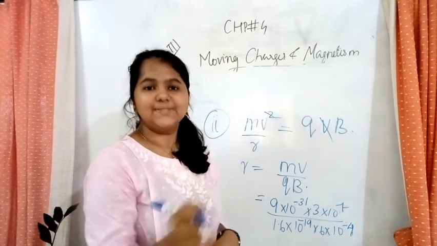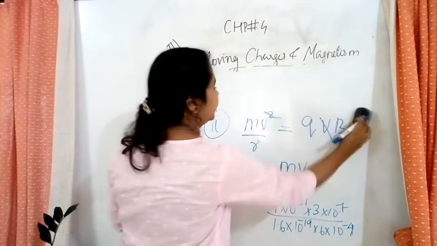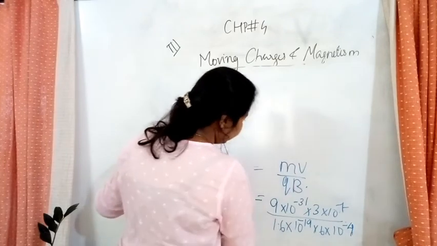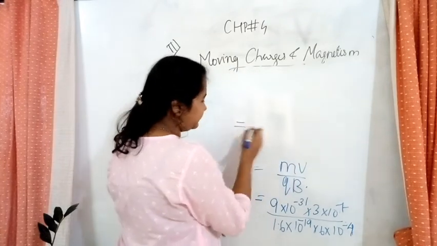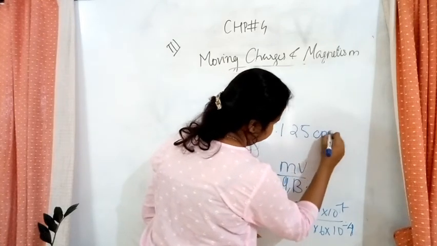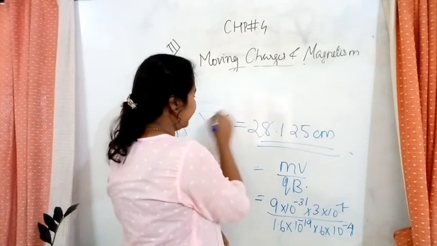So now let's solve this. After solving, I've kept it as 28.125 centimeters. Okay, that is our radius.